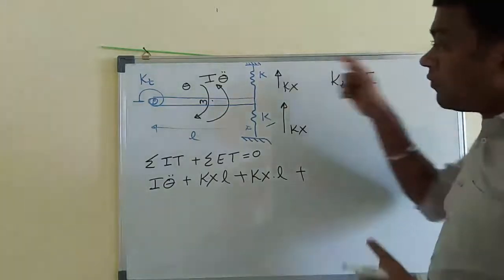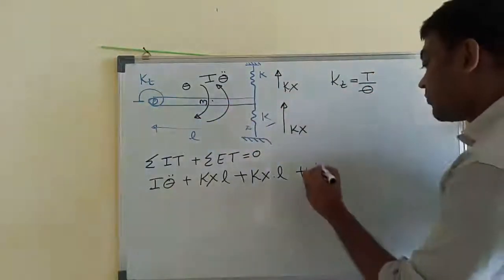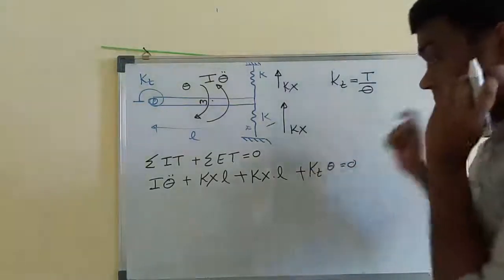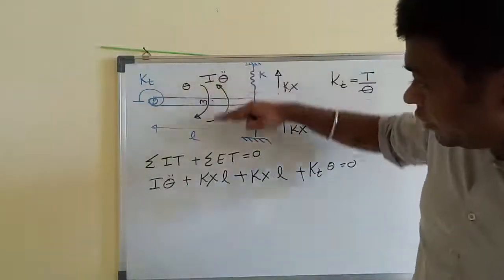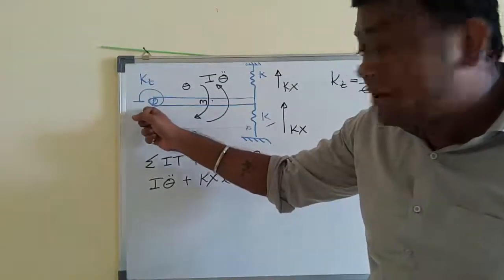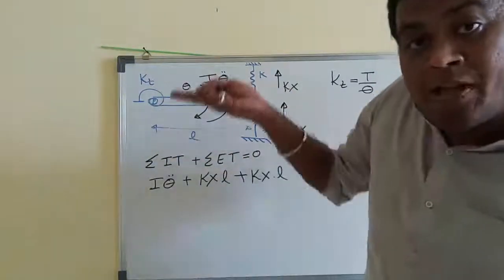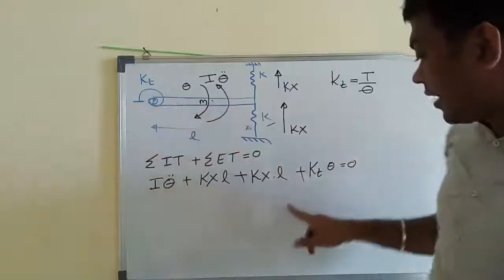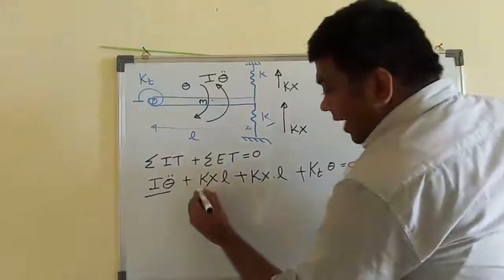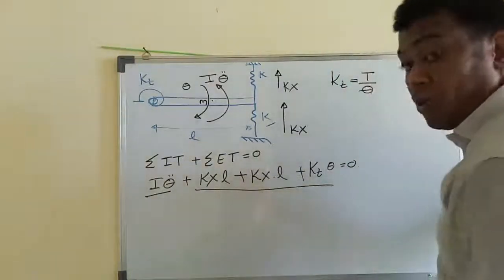So the torque of this spring is kt into theta, plus kt into theta. Why positive? Because when you pull this beam downward, this spring will also expand and will try to bring the mass to the mean position, so its sign convention will also be positive. So this is your inertia torque, and these are the external torques.